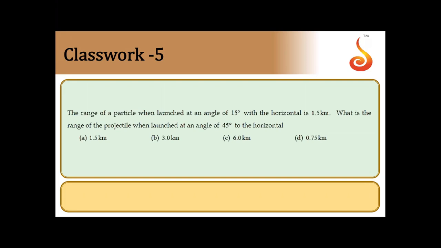Range of particle when launched at 45 degree with the horizontal is 1.5 kilometer. What is the range of projectile when launched at an angle of 45 degree to the horizontal? So we know that range is given by u square sin 2 theta divided by g.